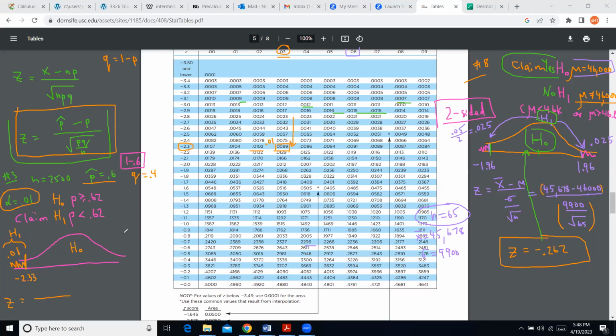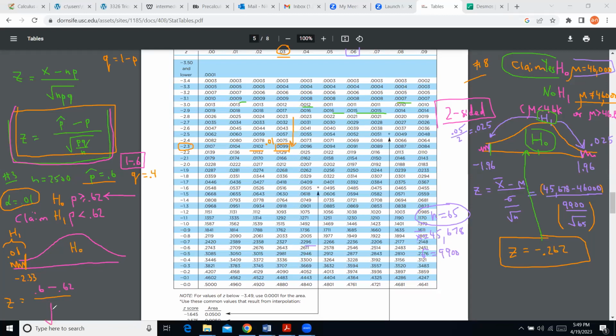So let us plug the numbers into the calculator. The formula is up here. I'm going to be using 0.6 for my P with a hat, and 0.62, right? That always comes from the hypothesis.